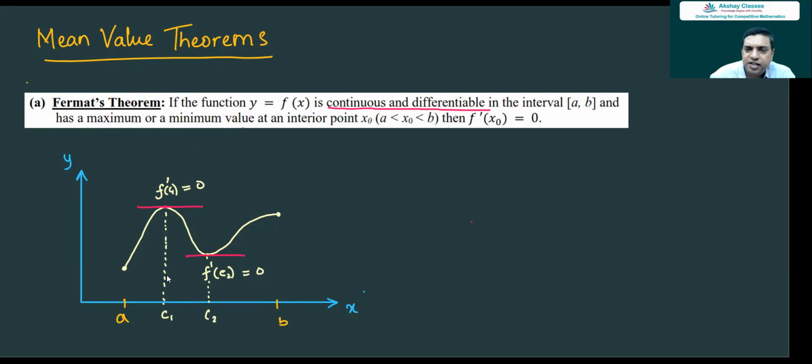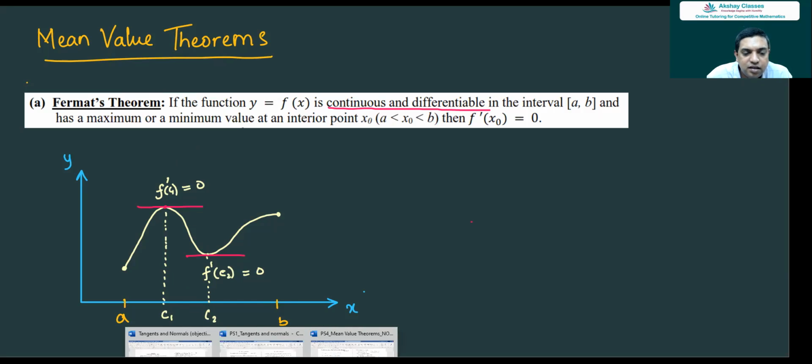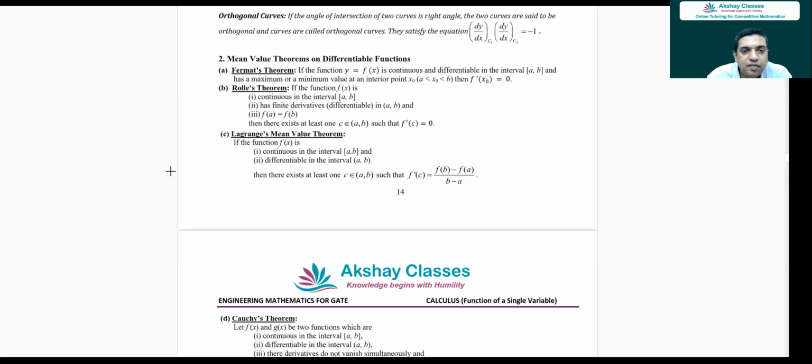All right. Fermat's theorem is very simple. If the derivative is 0 at a point, that point will be a maximum or a minimum. Next, a very important theorem is Rolle's theorem.